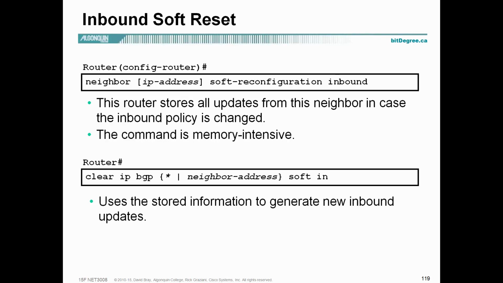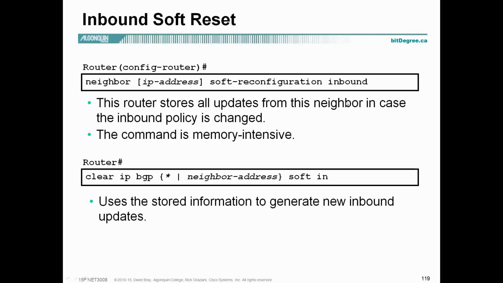The last way is called inbound soft reset, or sometimes known as route refresh. Actually there's two different ways to do this, but to affect inbound policies or inbound table entries, you can specify this first command, which specifies to IOS that it should set aside some memory to store all the updates from this neighbor.